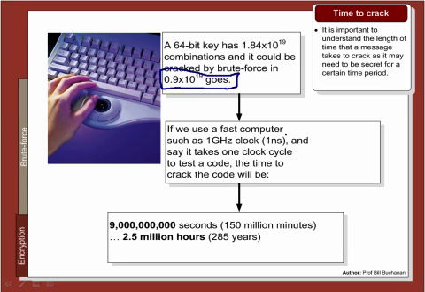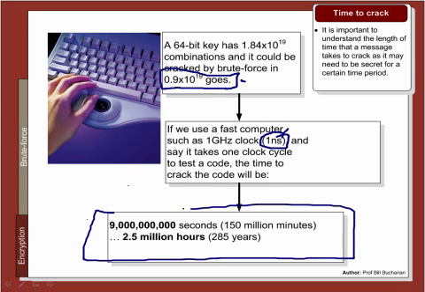And we take a fairly fast computer with a 1 gigahertz clock, so it checks one time every billionth of a second, or 1 nanosecond. If we do the calculations, this times this, we get that the code will be cracked inside 9 billion seconds, or 150 million minutes, or 2.5 million hours, or 285 years.